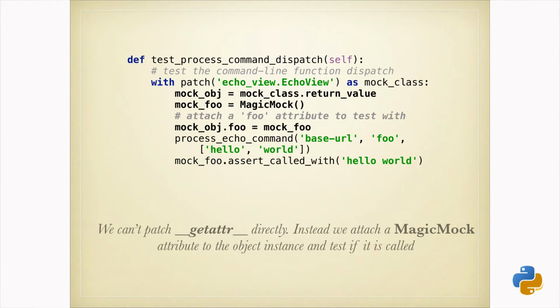We create a new MagicMock instance explicitly called mock_foo in this case, and then we attach it with the .foo attribute to the mock object class. Then when we call process echo command with foo as a string, we can test the mock_foo object was called correctly with the arguments that we expect. This is a bit of a workaround, but it's quite easy to apply in practice and allows us to test for this magic method.